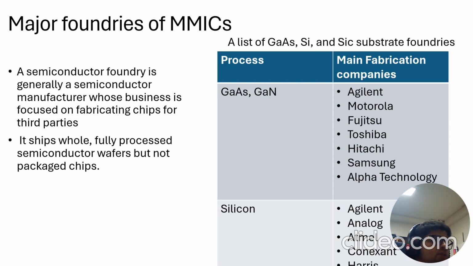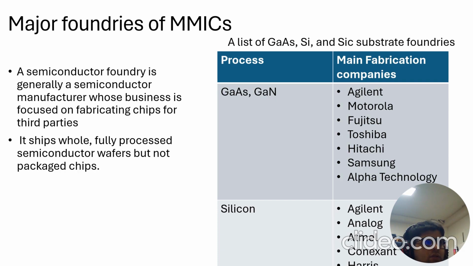The major foundries of MMICs are shown in the table, listing different manufacturing foundry companies. A semiconductor foundry is generally a semiconductor manufacturer whose business is focused on fabricating chips for third parties. It ships whole fully processed semiconductor wafers but not packaged chips. You can see the table lists gallium arsenide, silicon, and silicon carbide substrate foundries.